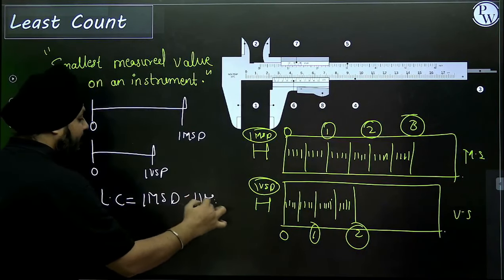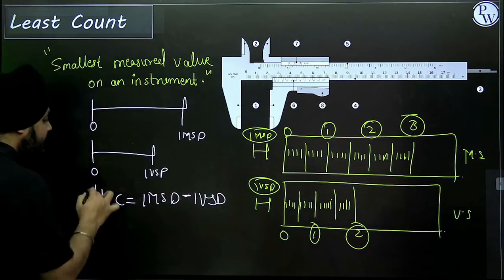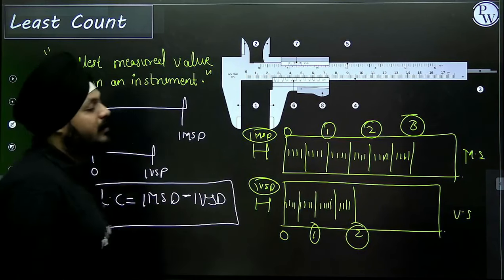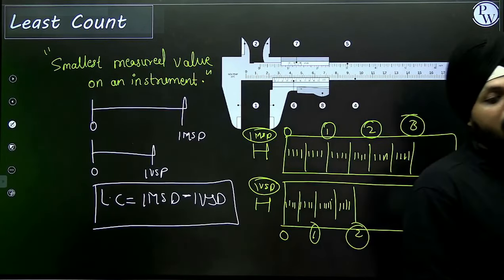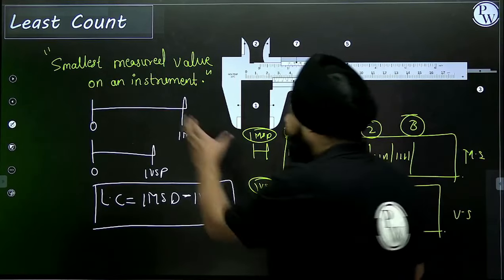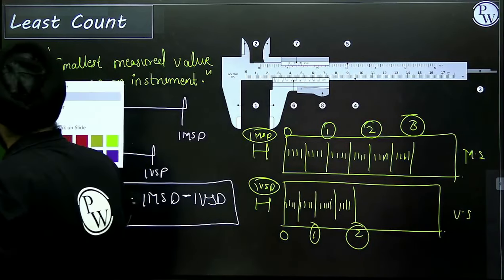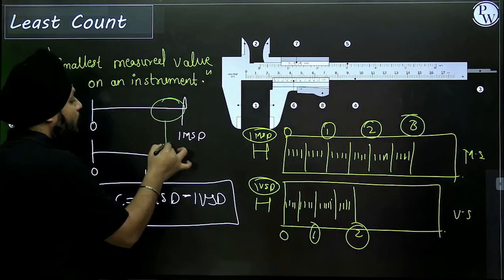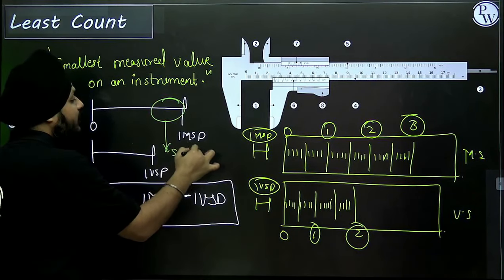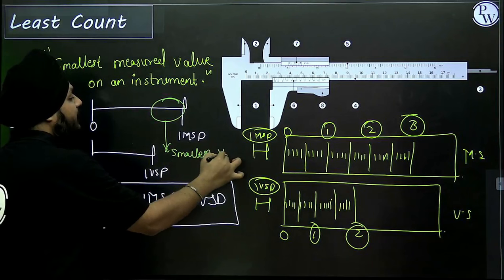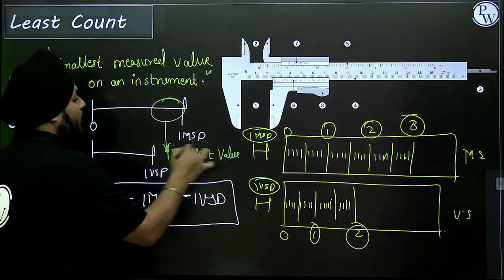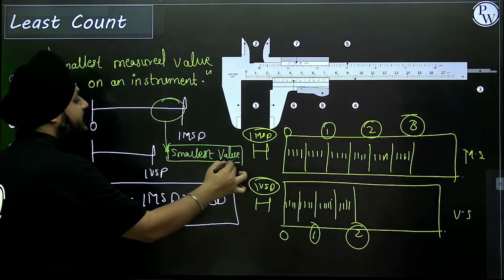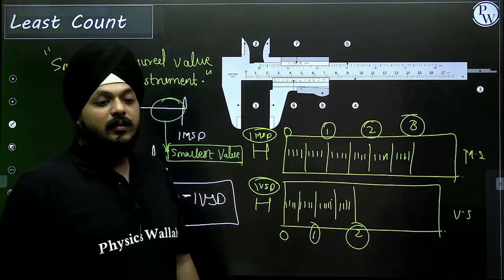So that's why we use this formula: least count is equivalent to 1 MSD minus 1 VSD. The difference between these two is the smallest value measured, and it is the least count.